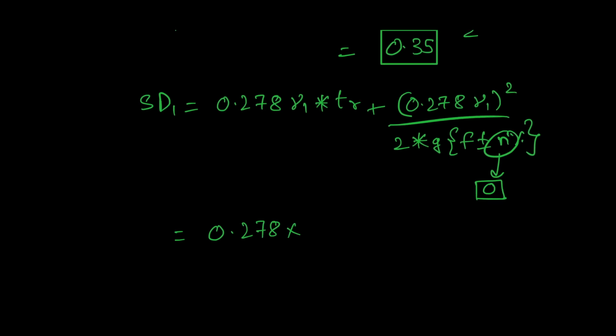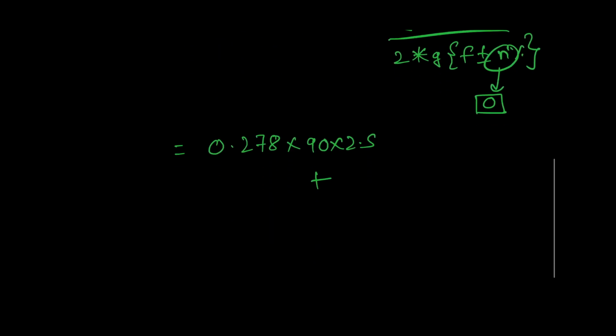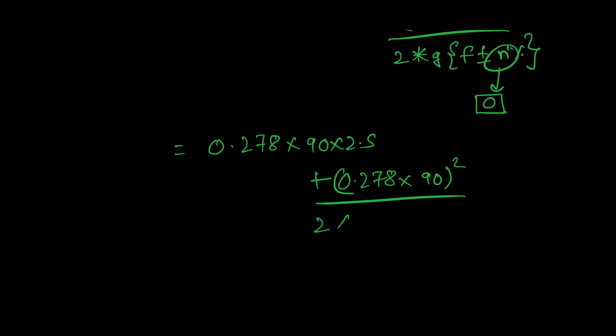0.278 into 90 into 2.5 plus 0.278 multiplied by 90 whole to the power 2 to be divided by 2 into 9.81 multiplied by 0.35. Where has the 0.35 come from?